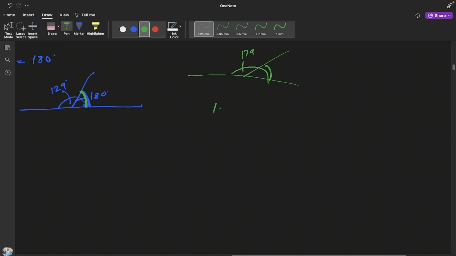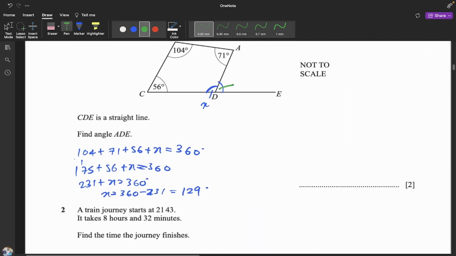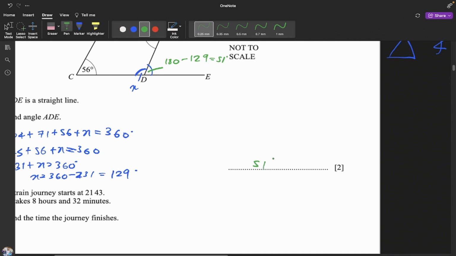The remaining angle is 180 minus 129, which gives you 51 degrees. So the answer is 51 degrees.